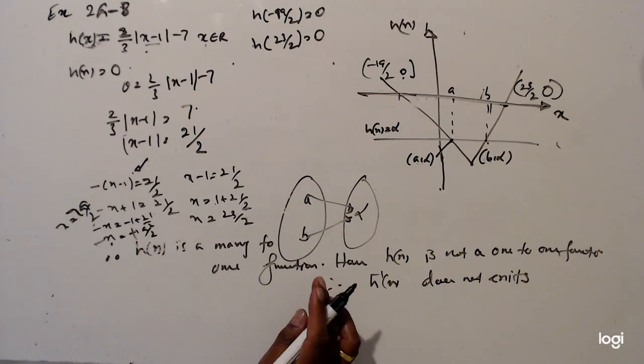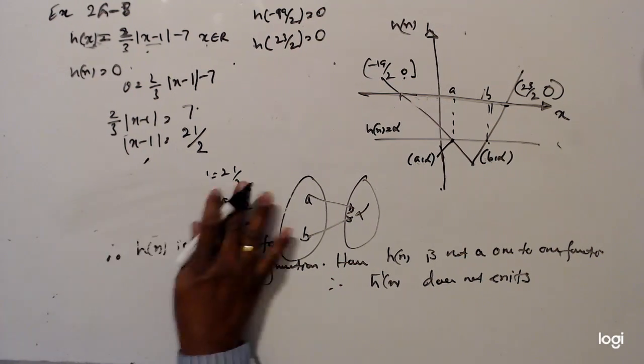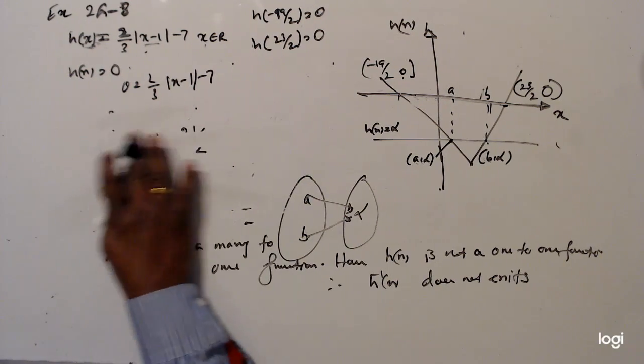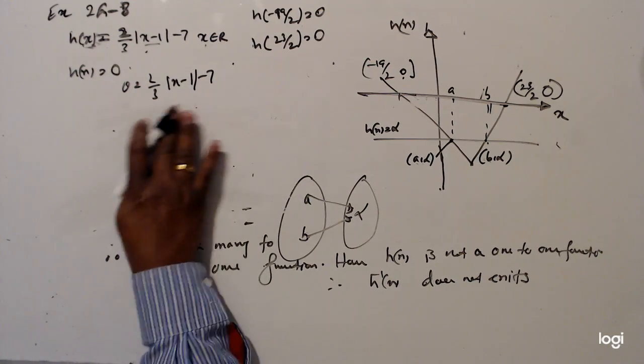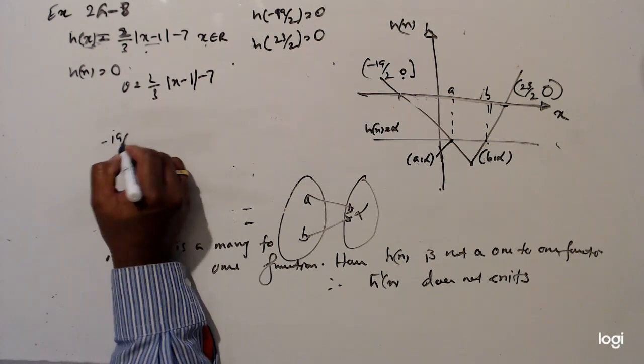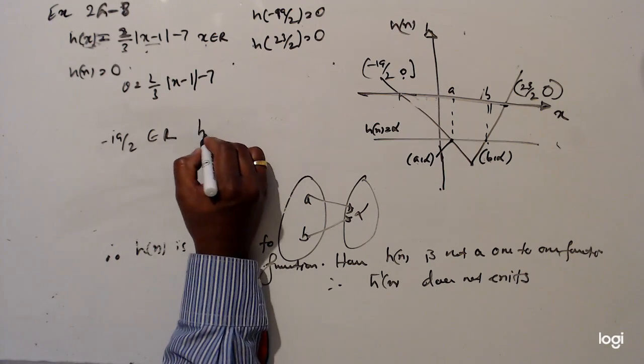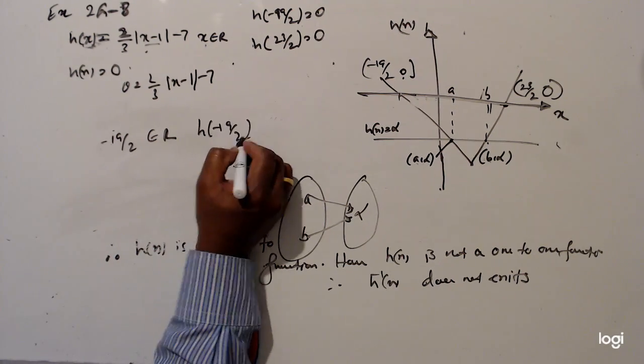So the same argument here. Minus 19 over 2 is an element of R, then h(minus 19 over 2) is 0.